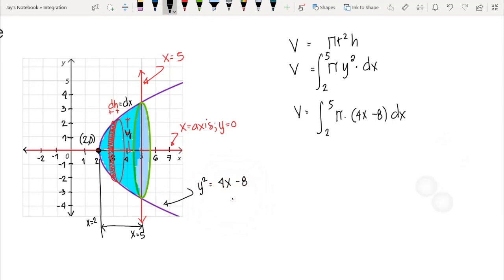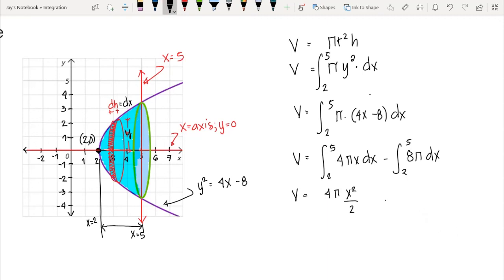Then we integrate. You can distribute pi inside the parenthesis, then integrate our function separately. Then we have the integration of 4 pi x dx from the limit 2 to 5 minus the integration of 8 pi dx from 2 to 5. Then we have here 4 pi x squared over 2 minus 8 pi x, limit from 2 to 5.